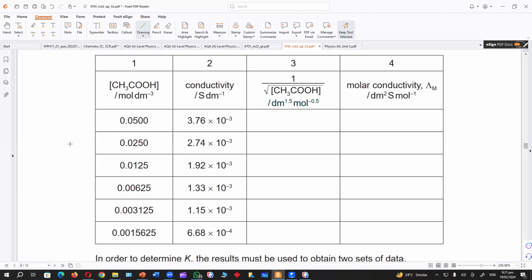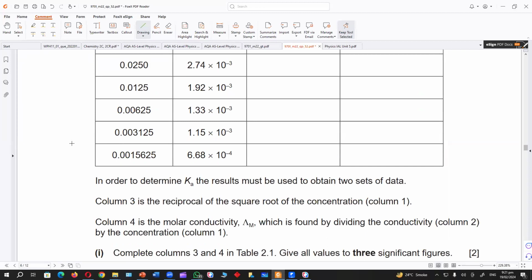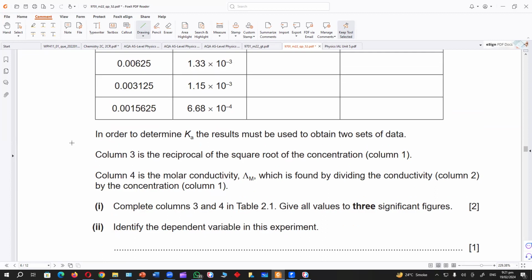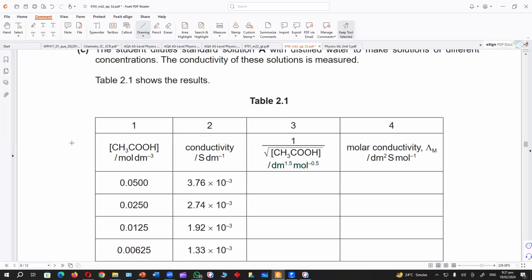Is he multiplying it? Column 3 is the reciprocal of the square root of the concentration. Column 4 is the molar conductivity, which is found by dividing the conductivity column 2 by concentration column 1. Column 2 divided by column 1.